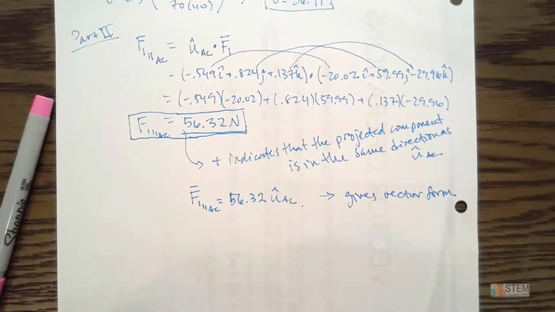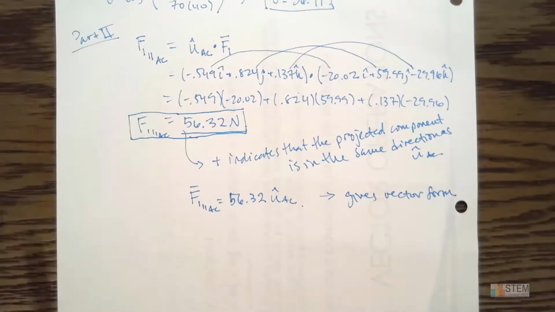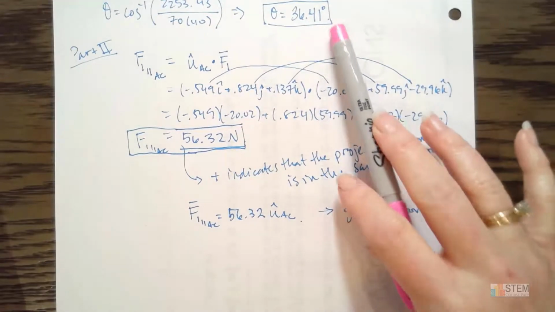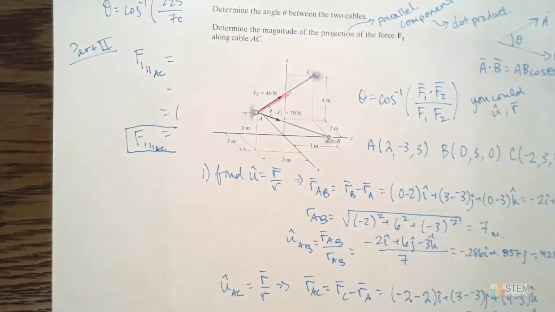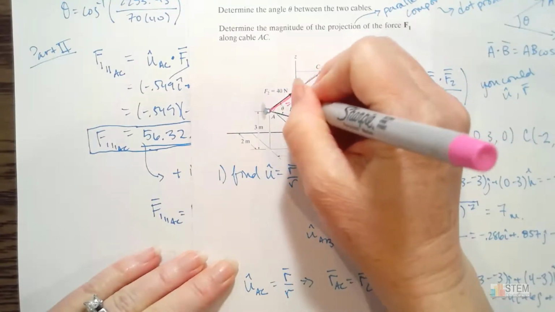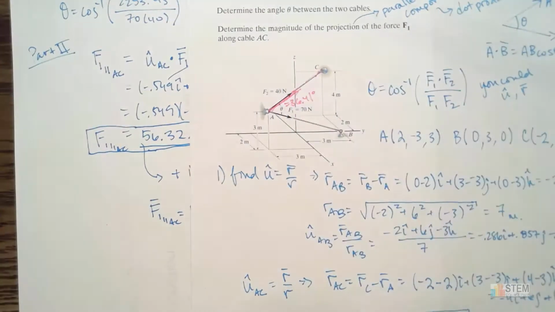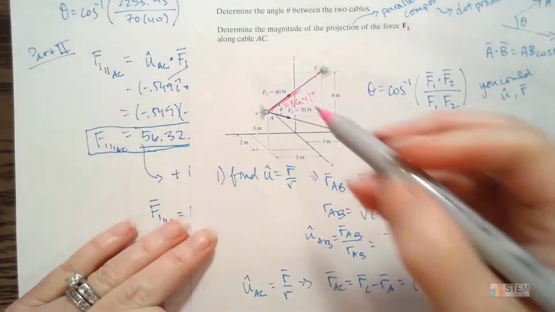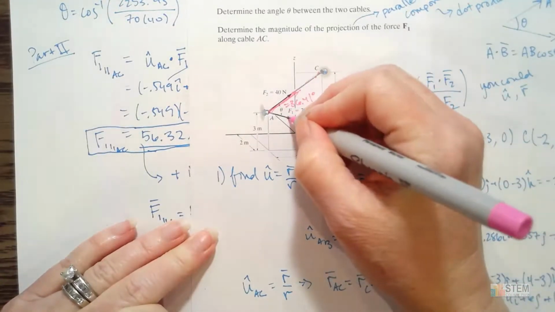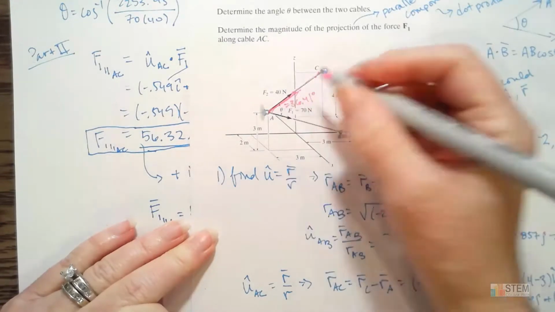And then last thing I want to show y'all is just a quick way to do this, given the information we already found. So we already found this angle of 36.41, right? We found that. So let's look at this picture over here. So this angle right here was 36.41 degrees. Okay, well, let's think about what we could do here. I know this angle here between F1 and this parallel component.